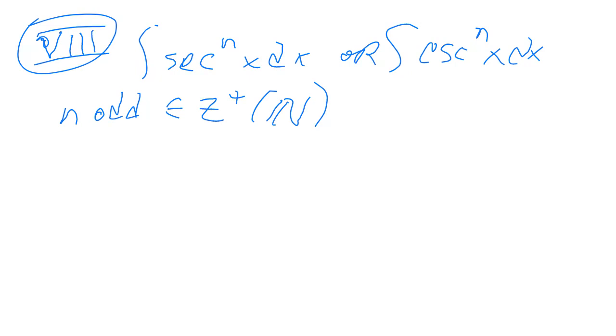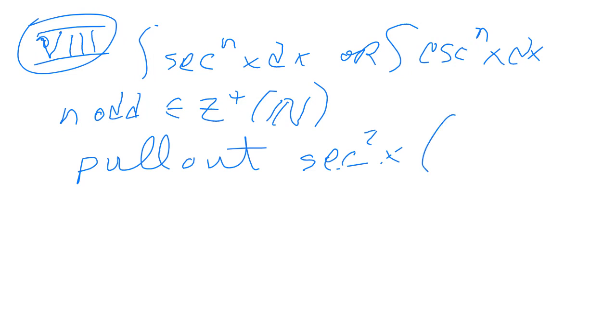So basically what we're going to do is pull out a secant squared x for the first one, or a cosecant squared x, and use integration by parts.